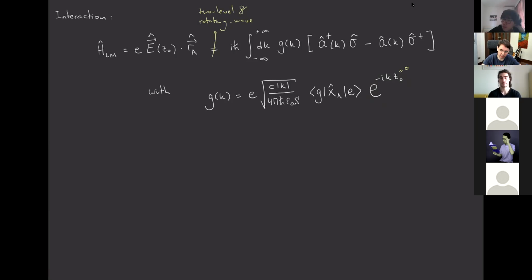And in our case, we will just take z0 equals 0, and we will further assume that this thing in here is real, okay? Just for simplicity. That we have done already, actually, when I wrote this expression, okay? That g is real is already implicit, because otherwise it will be g here and g conjugate in here, okay?